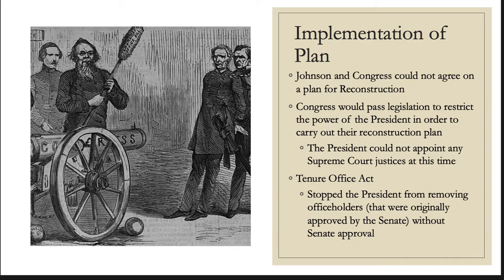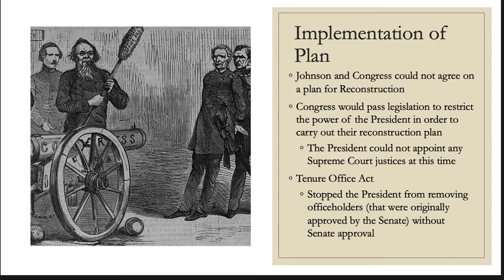And when Congress sees that Johnson is not on their train to punish the South, they're going to start to pass legislation to restrict the power of the president because they want to carry out their Reconstruction plan and they don't want him in the way. At this time, the president did not have the ability to appoint any Supreme Court justices because there weren't any open spaces.